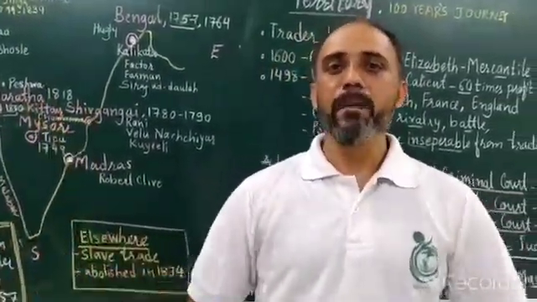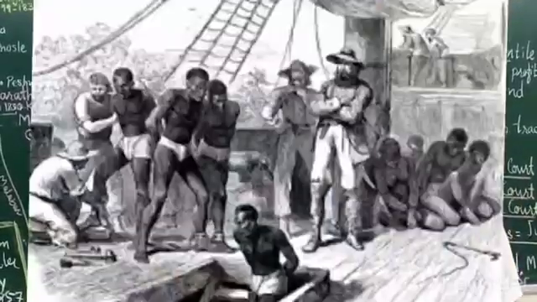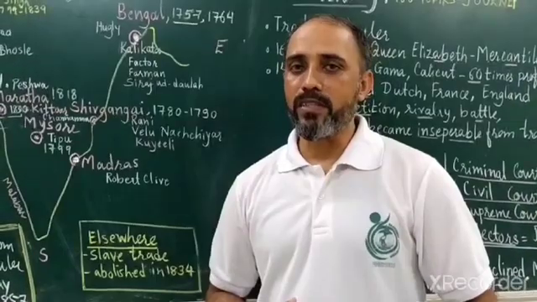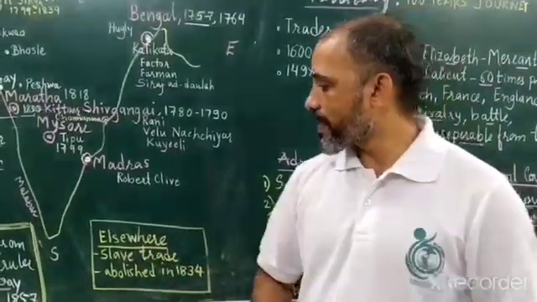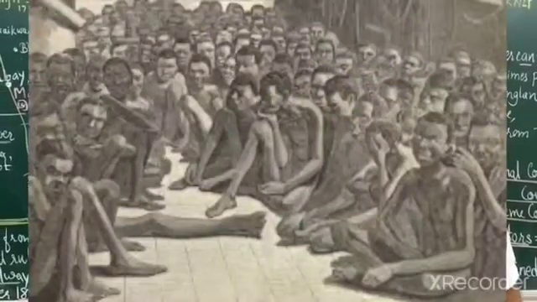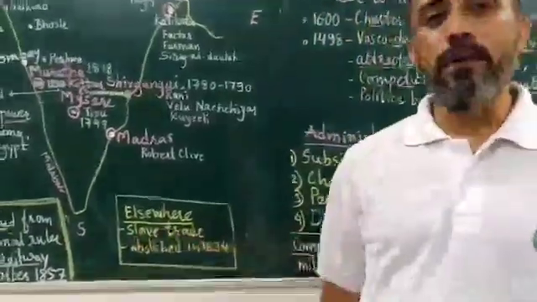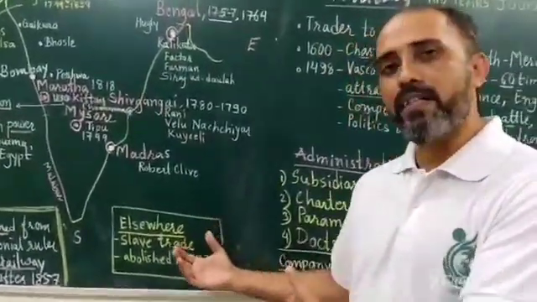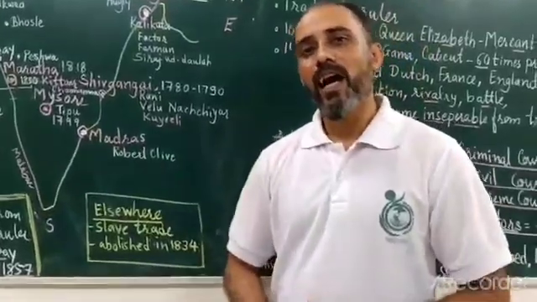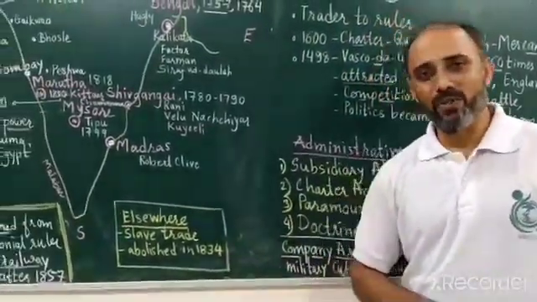Here men, women, and children were sold at the tip of South Africa, which is also called Cape Town nowadays. Human beings were put on auction, and that was also abolished. People realized the disadvantages of slavery, and it was abolished by 1834.